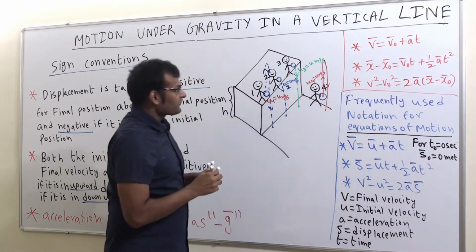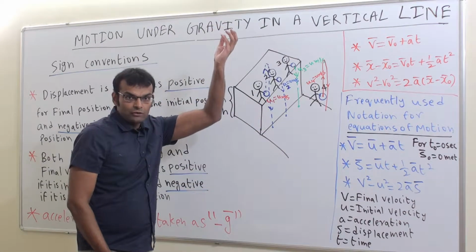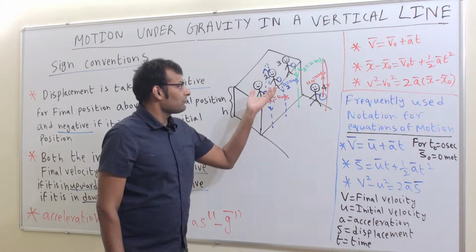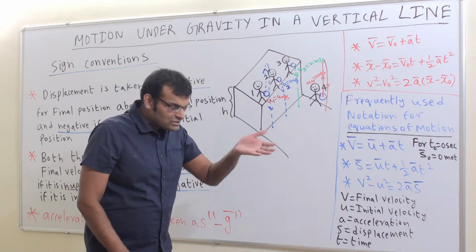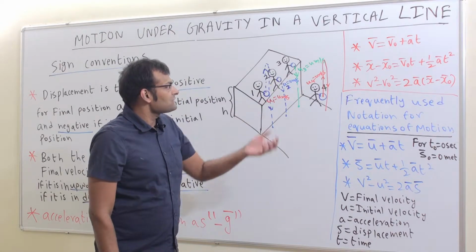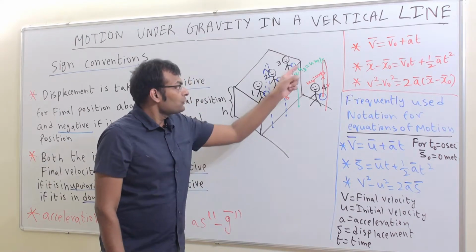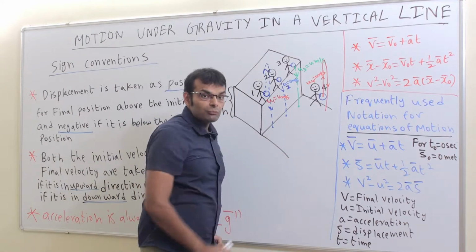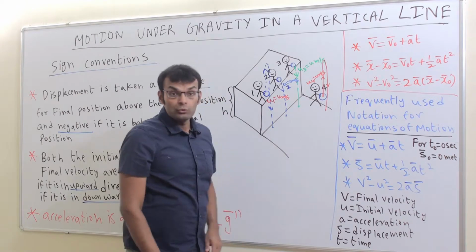Now you have four cases. Case 1: he is throwing a ball with a velocity u meters per second. Second case: u is equal to 0 meters per second, that is, he is not throwing, he is just dropping the ball. The third case: he is throwing the ball downwards with a velocity u meters per second, and the person standing at the bottom of the wall is throwing with a velocity u meters per second.